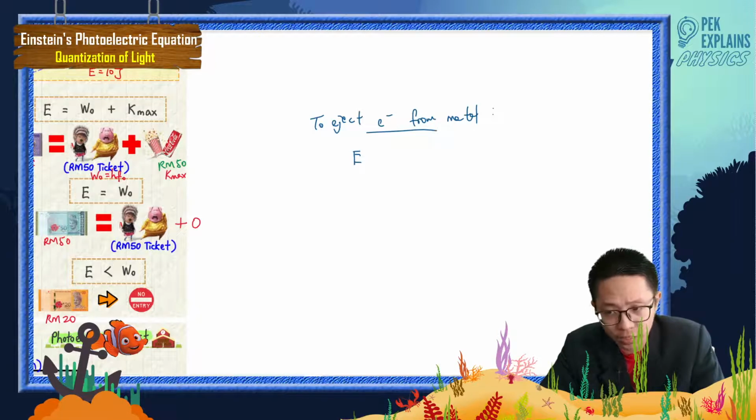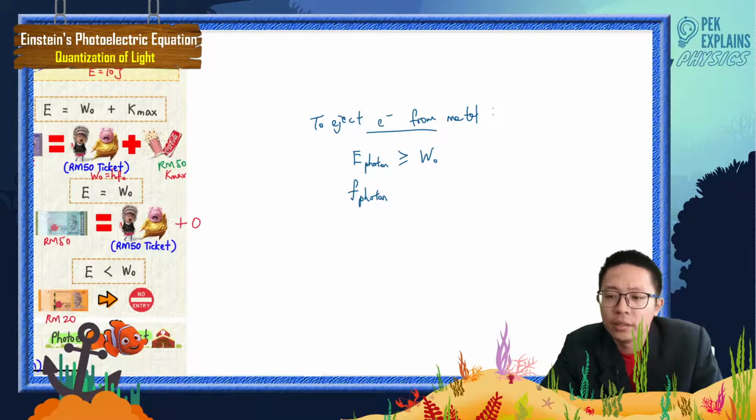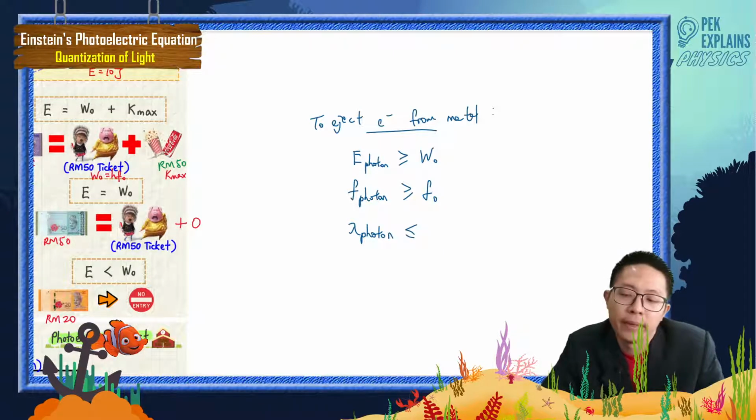The incident photon energy needs to be more than or equal to the work function. The frequency of the photon needs to be more than or equal to the minimum threshold frequency. The wavelength of the photon needs to be less than or equal to the maximum threshold wavelength allowed.